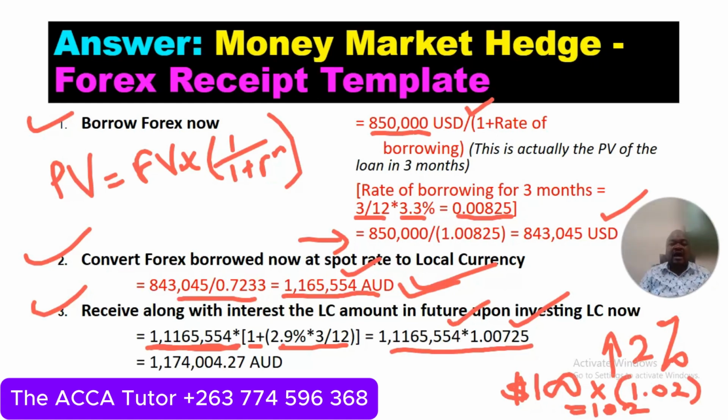So if we multiply by 1,165,554, this is not actually 1 million, it's 11 million. What's going on? That's a typo somewhere. Please forgive me there.